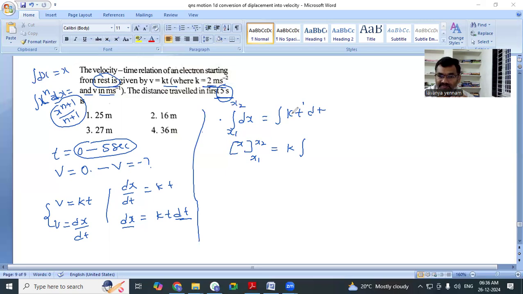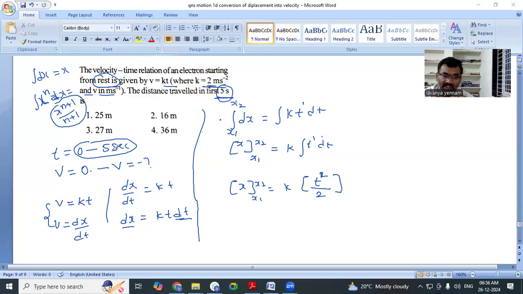In this question, integral t power 1 is there. In the place of x we have t, and in the place of n we have 1. So integral of t power 1 dt is t power 1 plus 1 by 1 plus 1, that is t squared by 2.